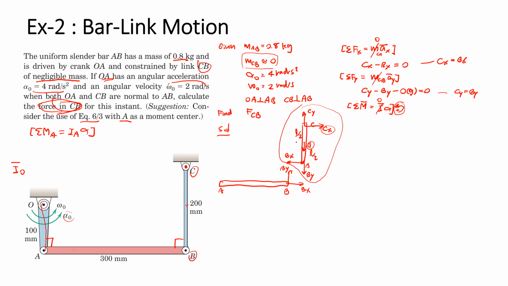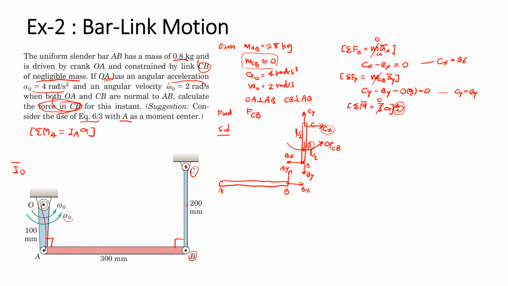Counterclockwise positive means if we have the alpha in this link, alpha CB, it will be positive counterclockwise.